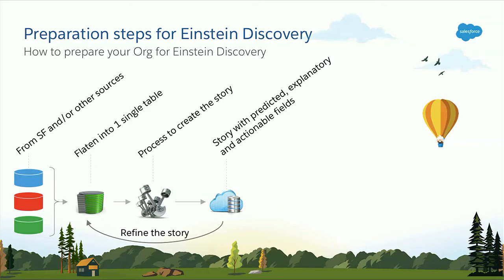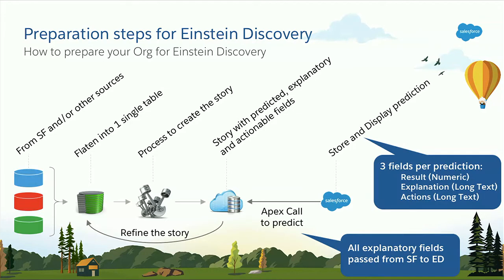As soon as the story is okay, from Salesforce, it's a simple Apex call, you call Discovery, you call the story to get the result. And the result is made of 3 fields. A numeric value, so the propensity for a binary classification, or in case of regression, the value predicted, plus 2 text fields.